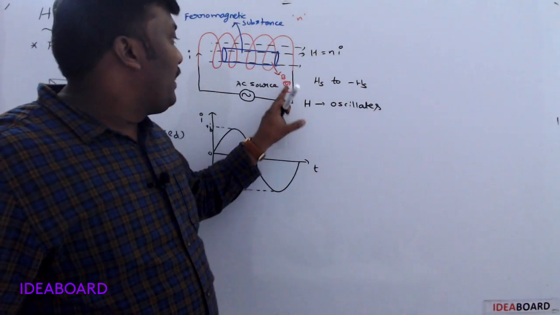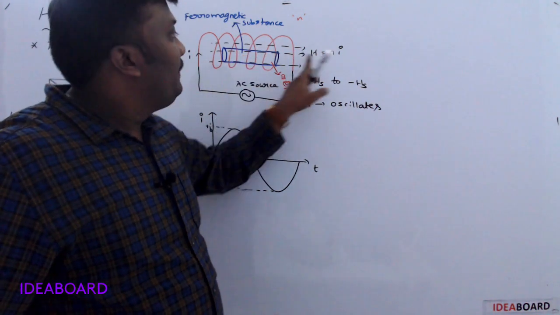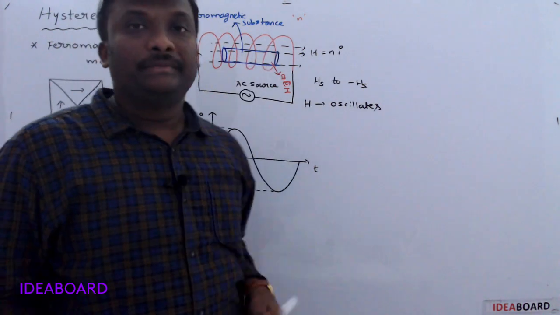B or I is related to the ferromagnetic material, H is related to the solenoid.